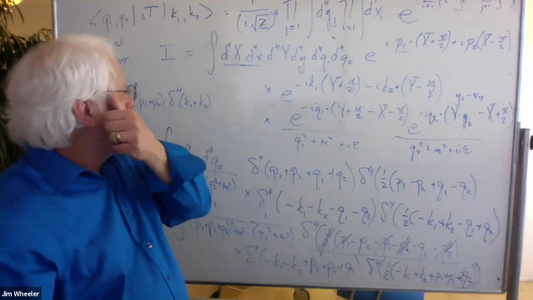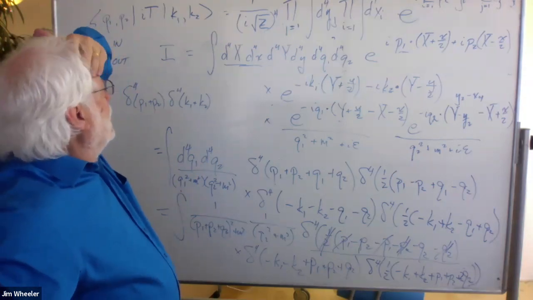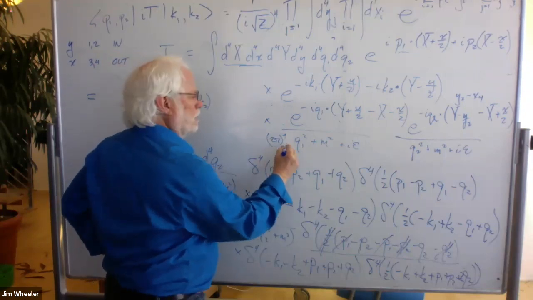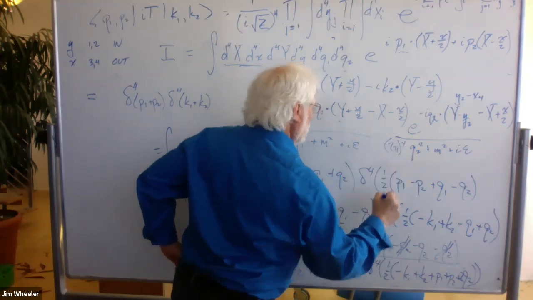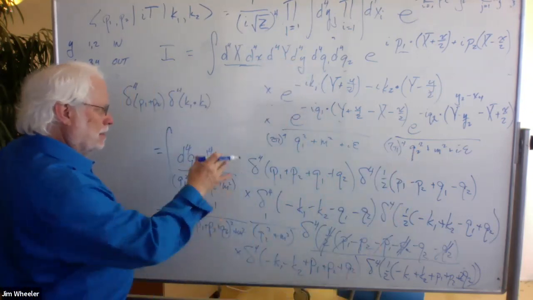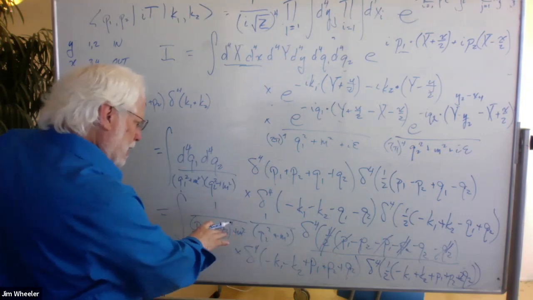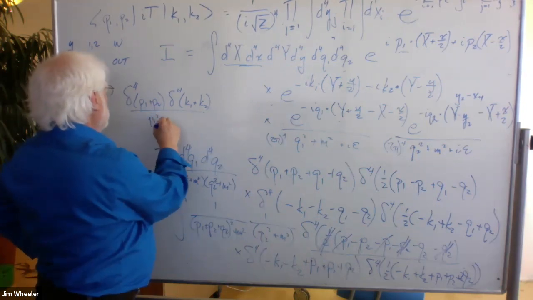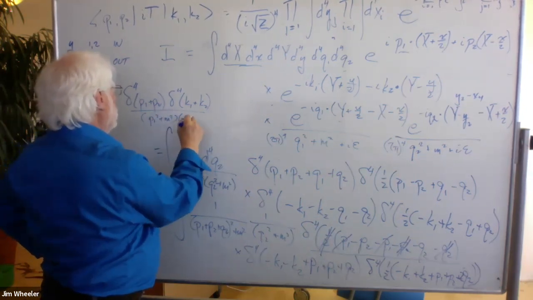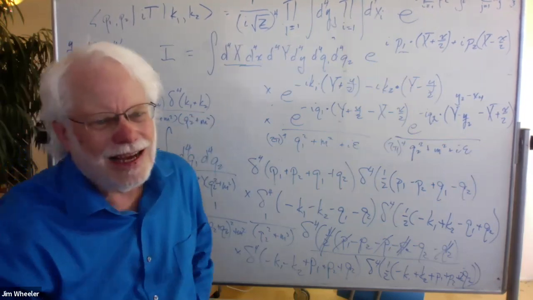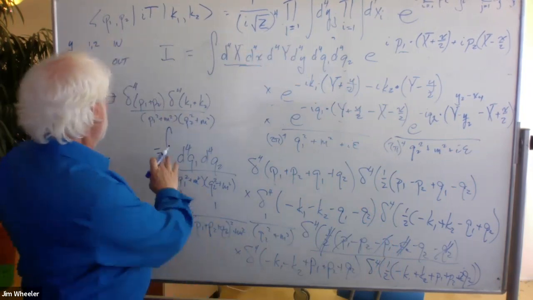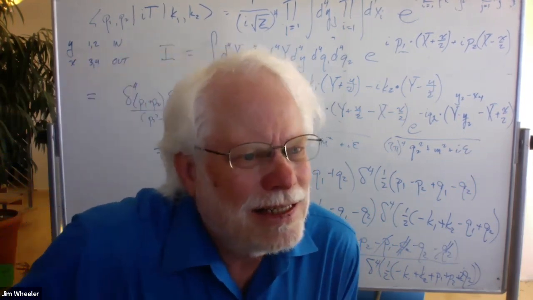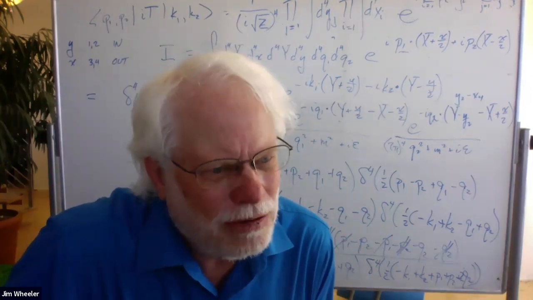Each of these delta functions brought in a 2 pi to the 4th. And each of these propagators has a 1 over 2 pi to the 4th. So most of those canceled, but let's see, then we have a P1 squared plus M squared, P2 squared plus M squared. I think, well, minus, I'm not sure why. Let's see, oh, those started out with minus, so they should have been minus.